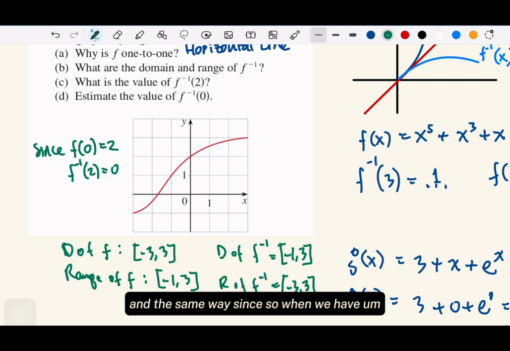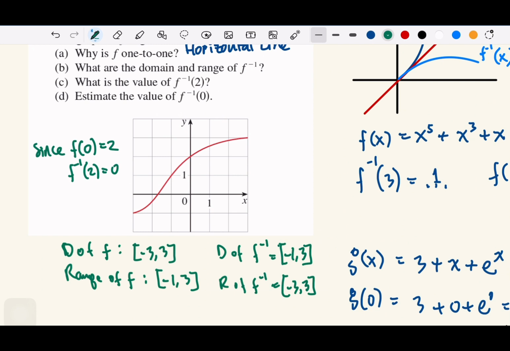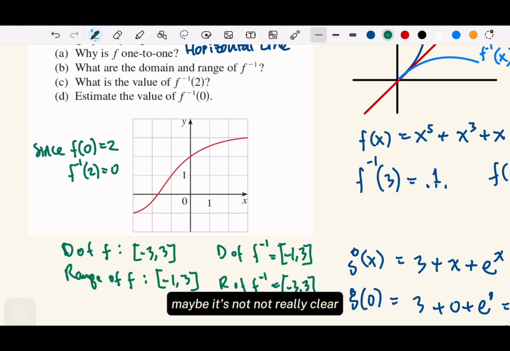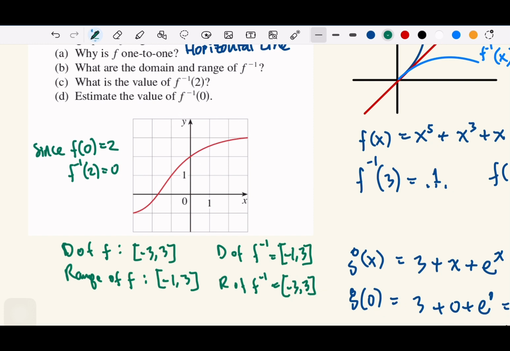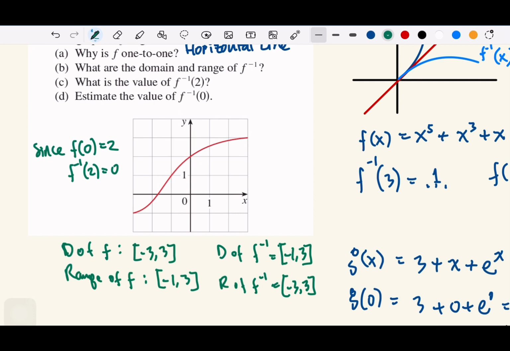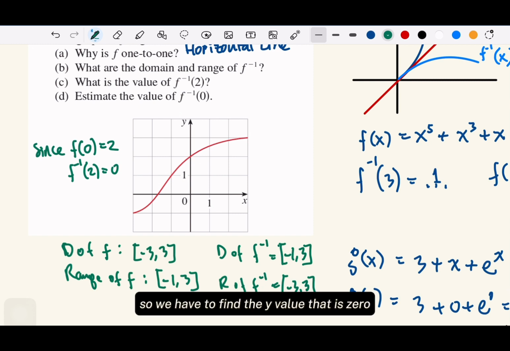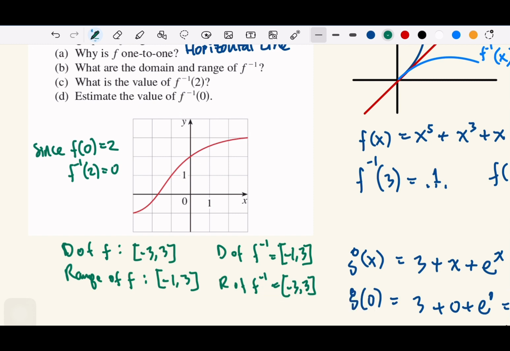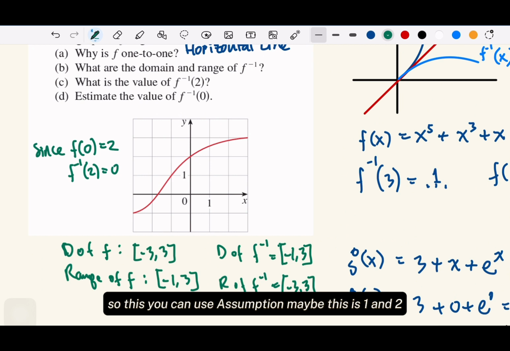In the same way, when we have f inverse of 0, maybe it's not really clear, so we need to find the x value that gives y equal 0. You can use an assumption.